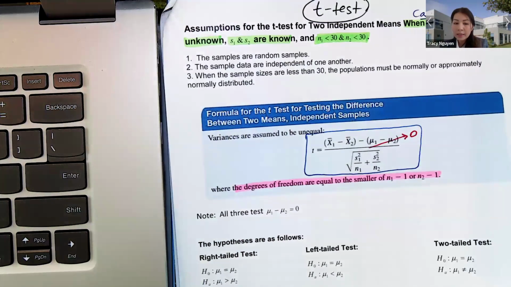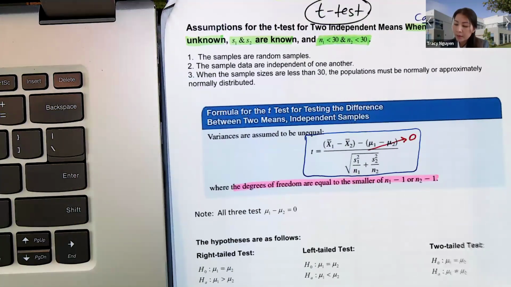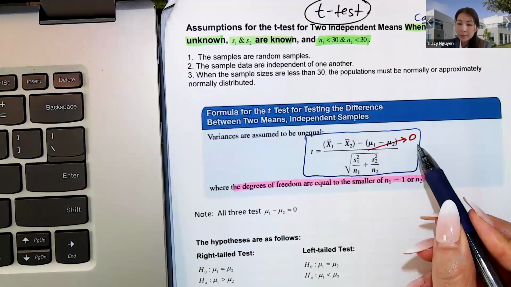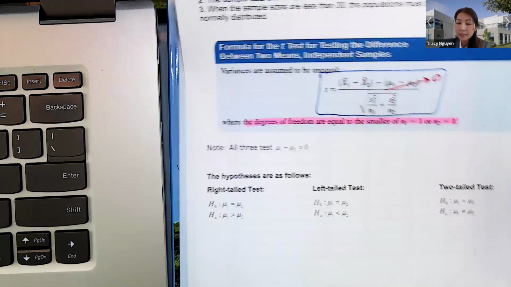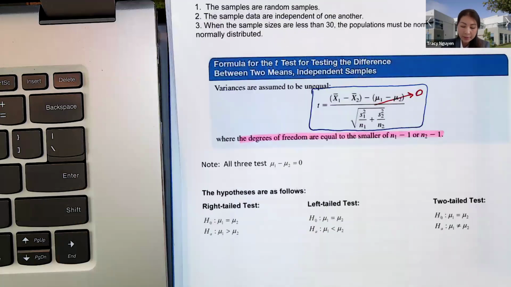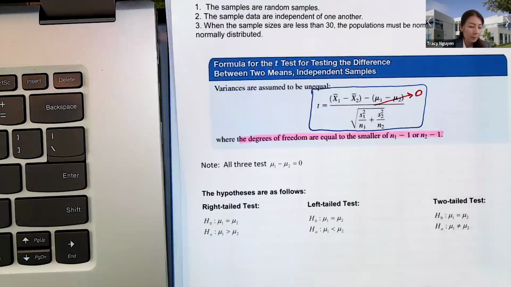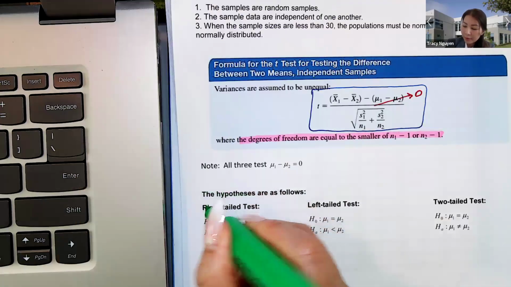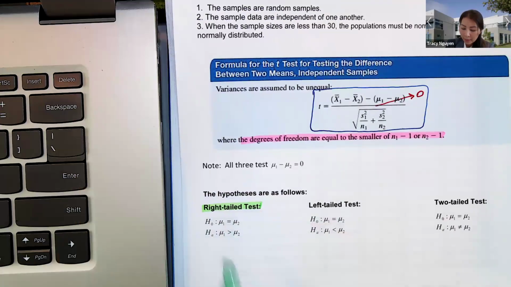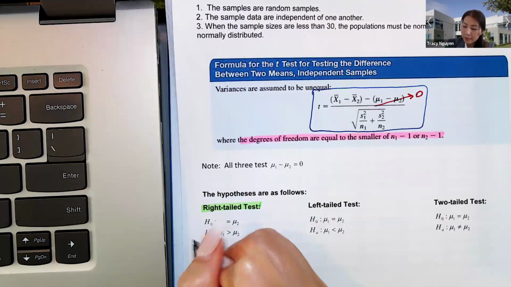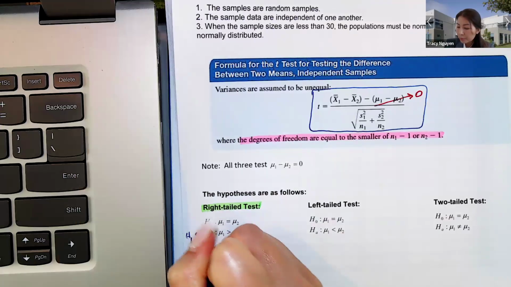Okay, so here in all three tests, we talked about it, that mu1 minus mu2 equals 0. How we state our hypothesis is the same as how we did it in section 9.1. For a right tail test, we have H0: mu1 equals mu2, and Ha or H1: mu1 is greater than mu2.